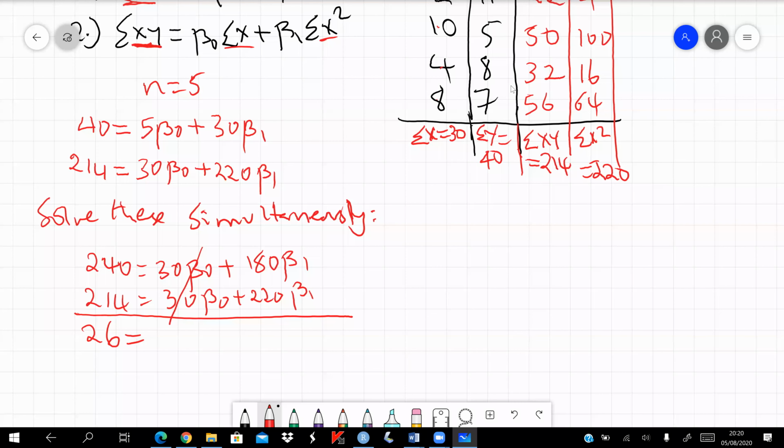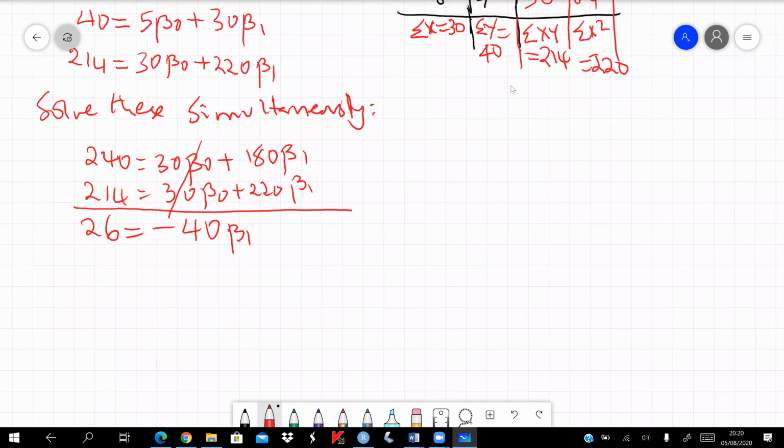This is minus 40, minus 40 beta 1. So from there, we can make beta 1 the subject of the formula. 26 plus 12. Minus 0.65.